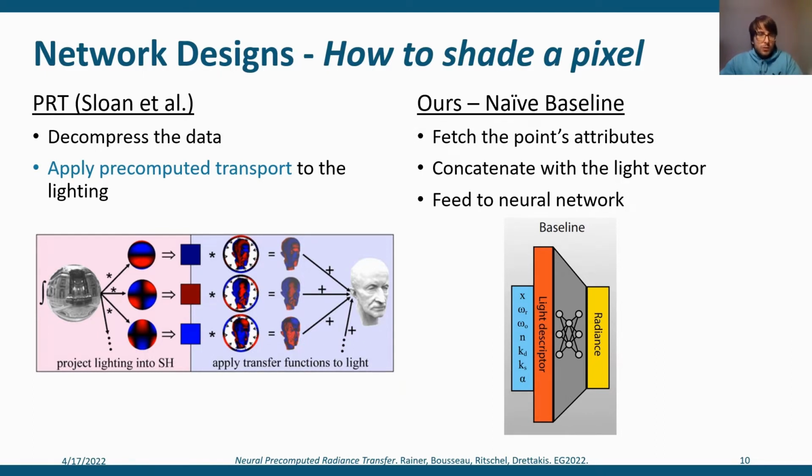To do this, we retrieve the G buffer attributes that describe the point, concatenate them to the lighting code, and let the network do the rest. We refer to this as the simple naive baseline, since we let the network do everything implicitly internally. That means both learn the compressed light transport, learn to retrieve it for a given point, and apply it.